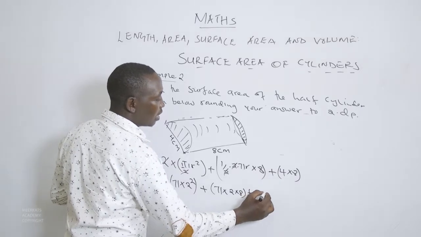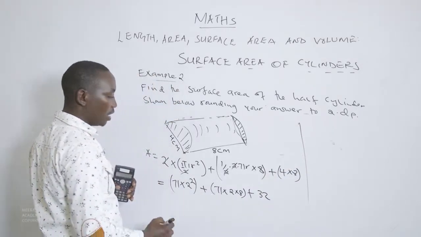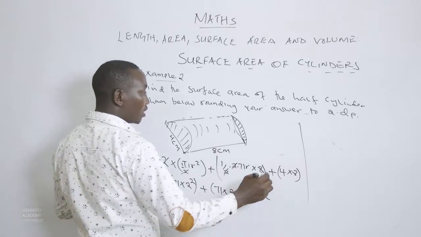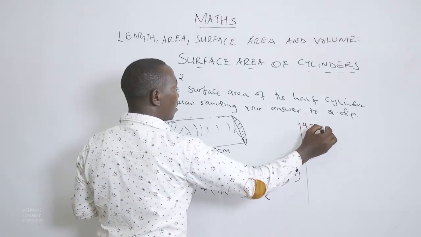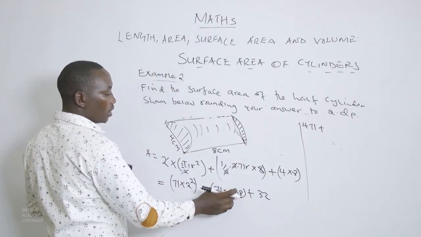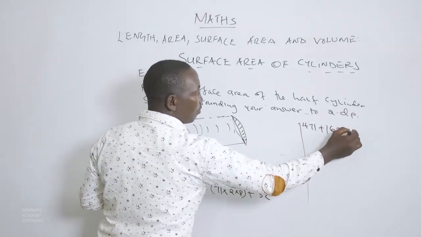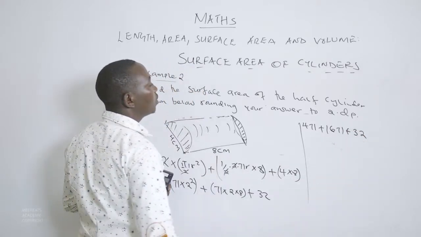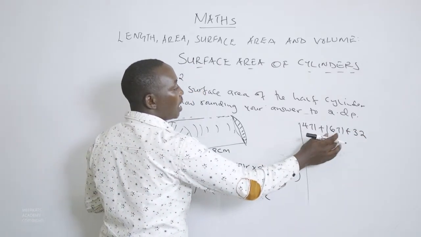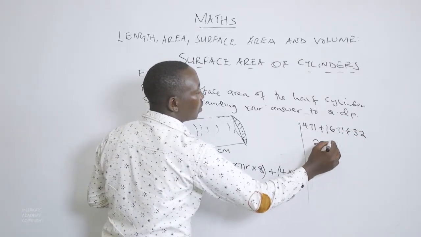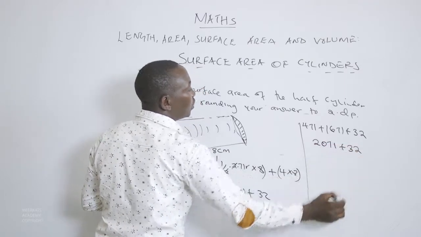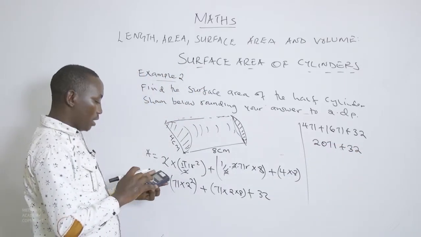That will give us 32 square units. So this will give us 4 pi added to 2 times 8, which is 16, so that is 16 pi plus 32 square units. 4 pi plus 16 pi gives us 20 pi plus 32 square units.